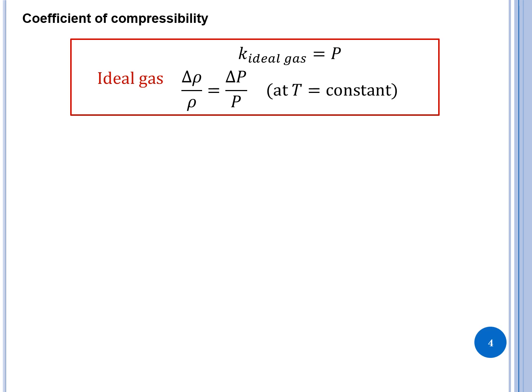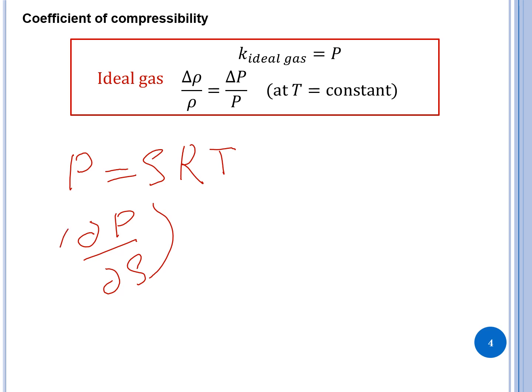To understand this, you need to just remember the ideal gas law, which is P is equal to rho R T. If we take the differential at constant temperature, then dP over d rho at constant temperature becomes equal to RT, which is basically equal to P over rho.